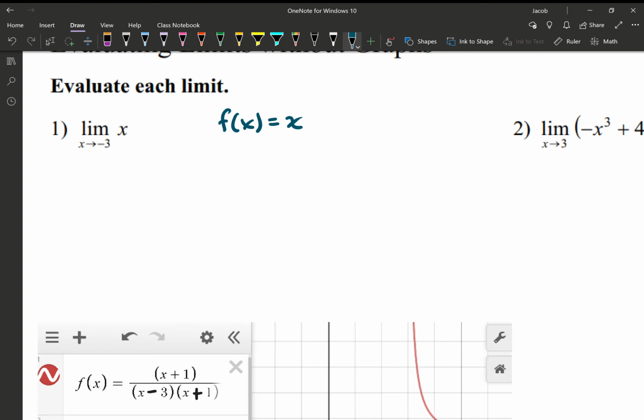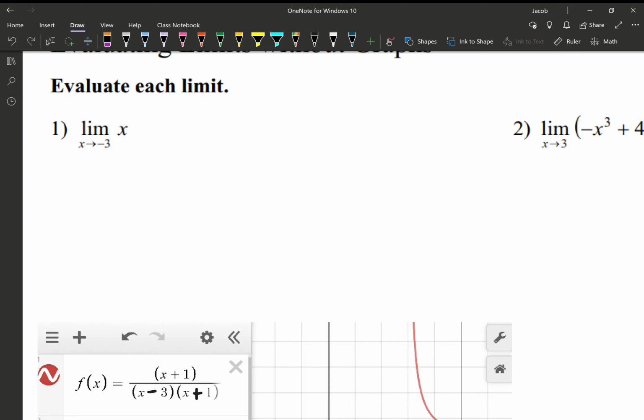Remember, when you see the limit notation, here's our limit notation in blue, and the function in yellow, that function in yellow can be represented on a graph. It is the relationship y equals x, f of x equals x. So it's not just telling you something non-specific, it's very specific with the function it gives.